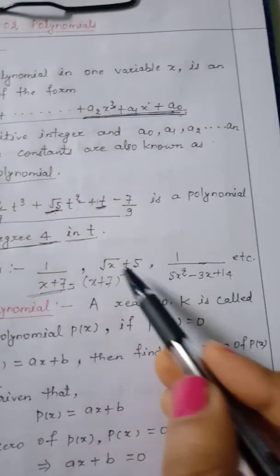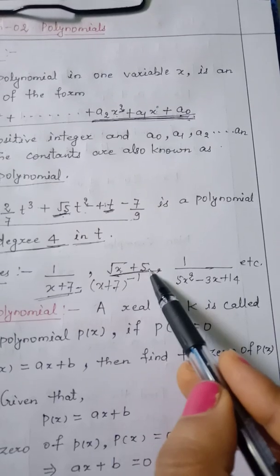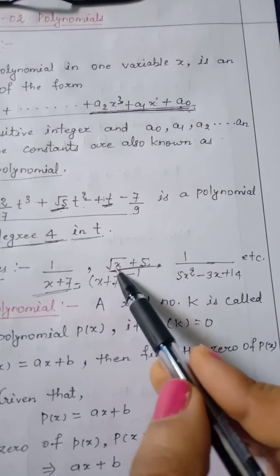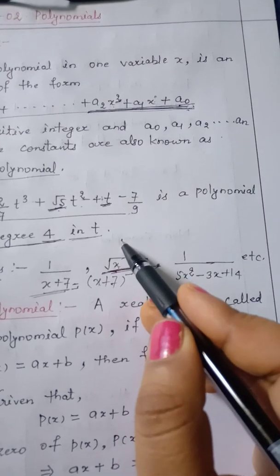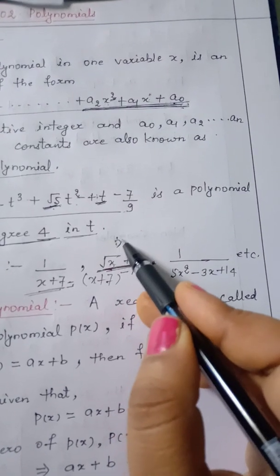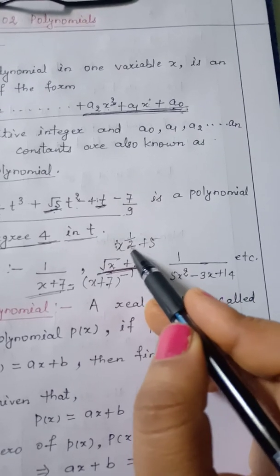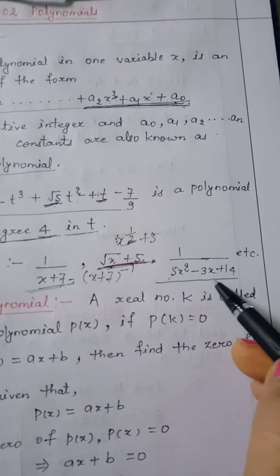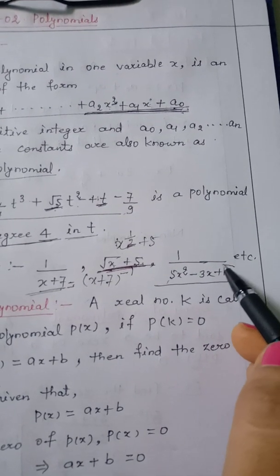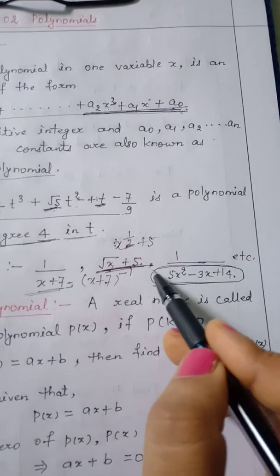Now root x plus 5 is also not a polynomial, because it is x to the power 1 by 2 plus 5, and 1 by 2 is not a non-negative integer. 5x square minus 3x plus 14: only if this is written is it a polynomial.